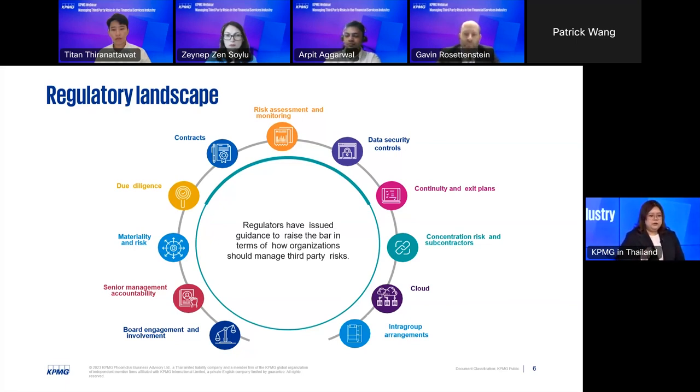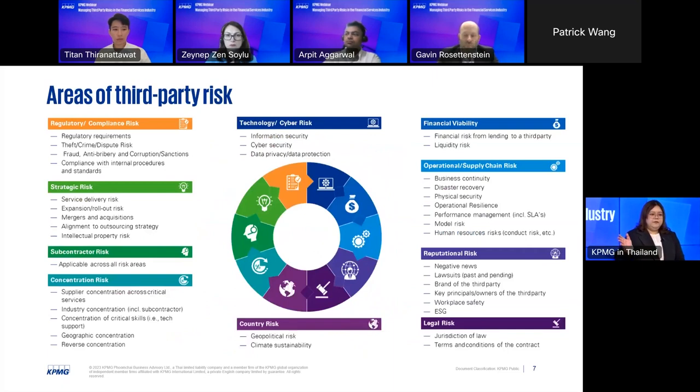Also, can you go to the next page after the regulatory? As we mentioned here about the risks, this is the area of third-party risks, the common risks that we have listed out for you to factor in when you do the risk assessment.